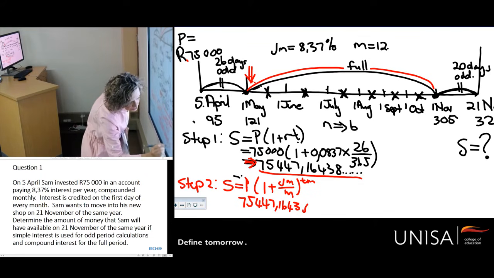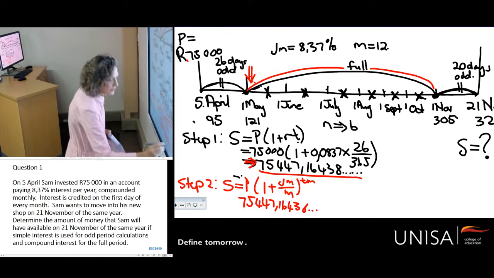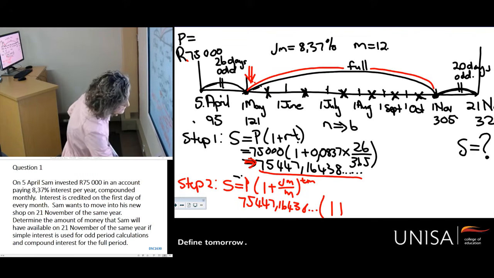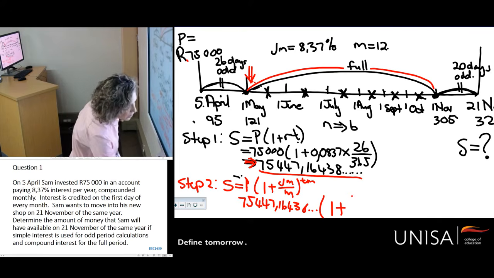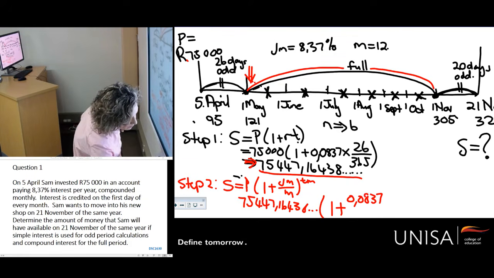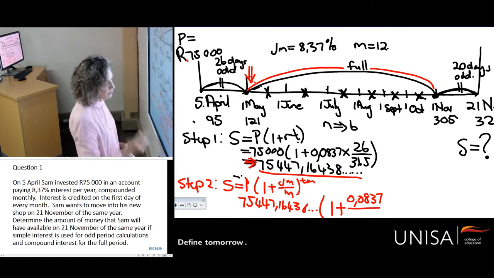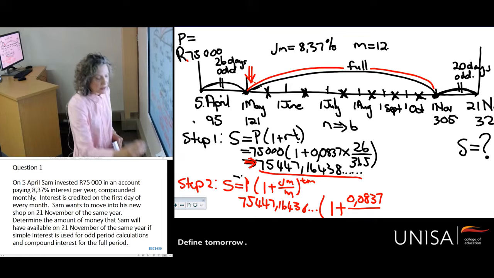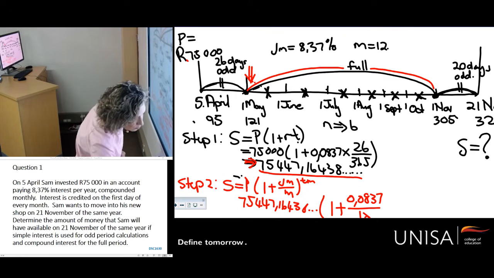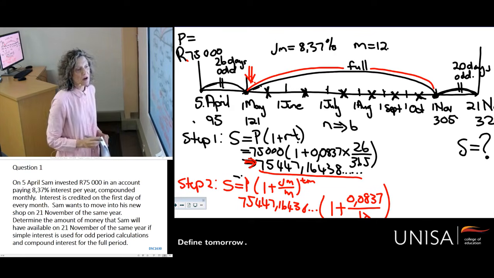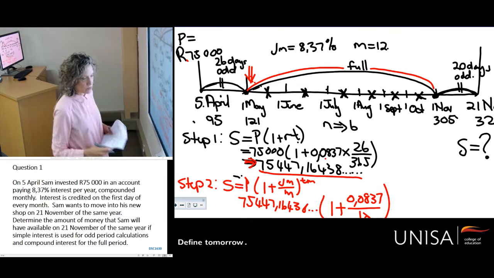Can you see how using the whole number? 1 plus our interest rate 0.0837, and remember guys, I must divide by the number of compounding periods, and that is 12. Why? Because we're working with compound interest now. The previous one was simple interest. We don't divide the interest rate.